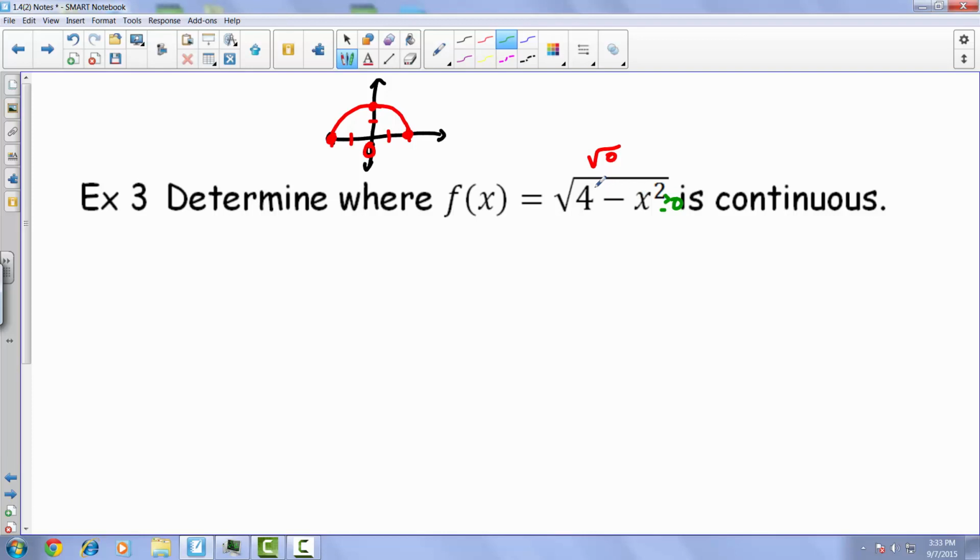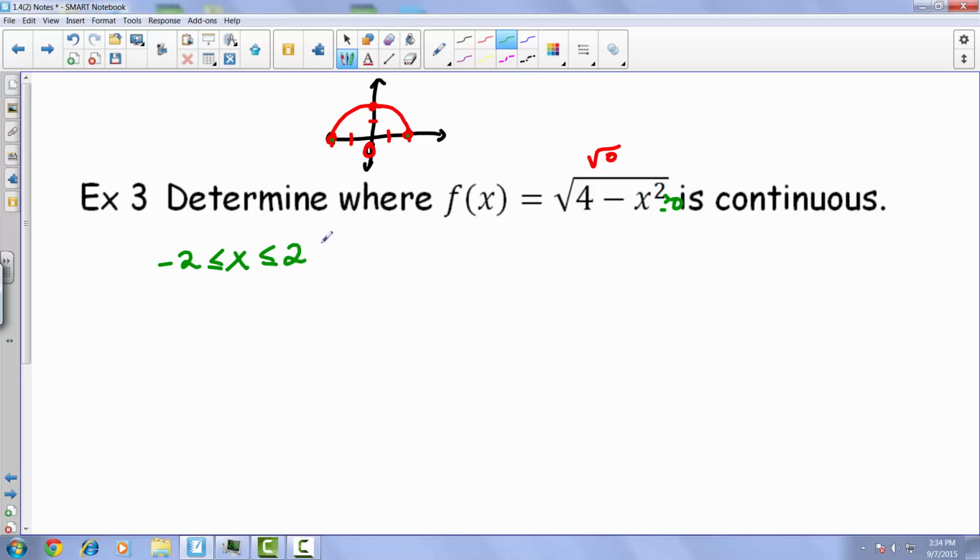It can be 0, that's why we have this little bar underneath, as illustrated right here and here, but it at least has to be larger than or equal to 0. And as a result, we see that our x's range from negative 2 to positive 2.